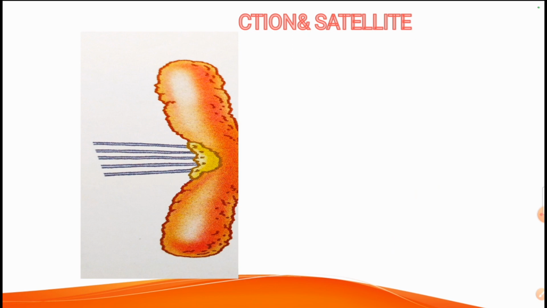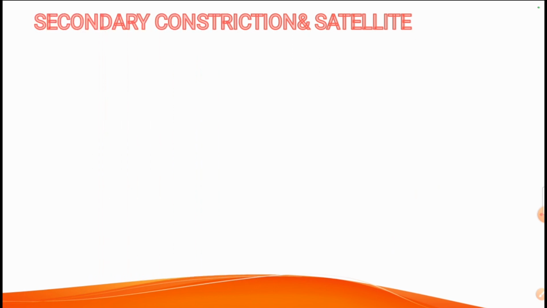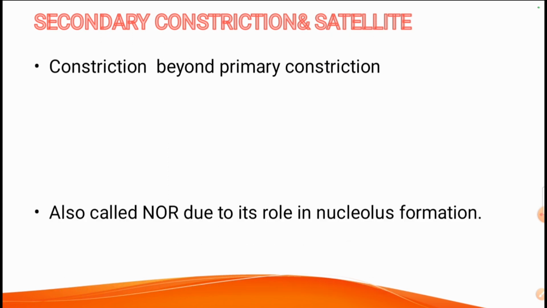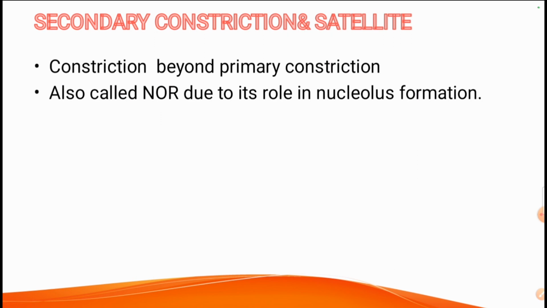Now let us come to the next one, the secondary constriction and satellite. The secondary constriction is the constriction beyond the primary constriction, otherwise known as the nucleolus organizing region.